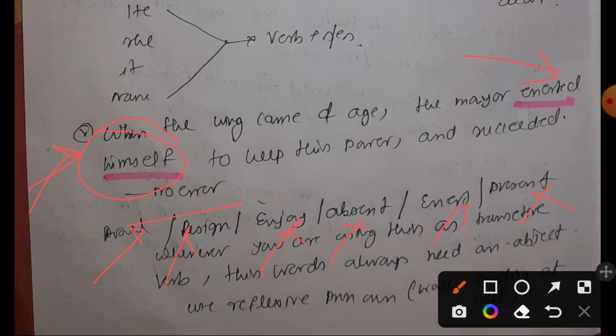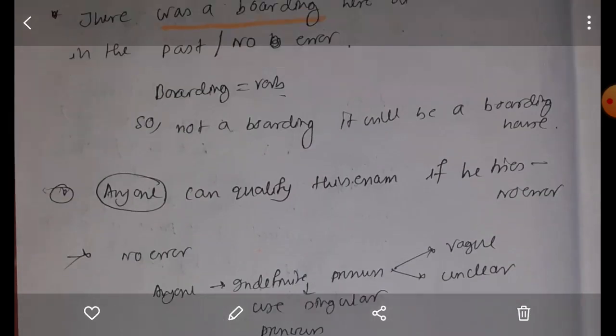A reflexive pronoun is any pronoun which has the word self, for example himself, herself. So whenever you get words like exert, absent, present, avail, resign, enjoy, there should be a presence of himself, otherwise the total sentence will be wrong. You have to keep these things in your mind.